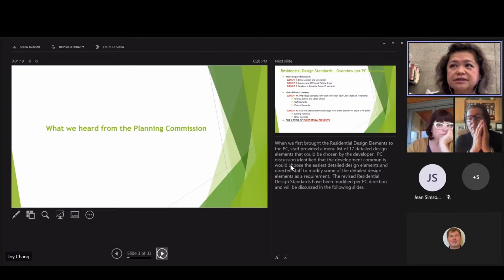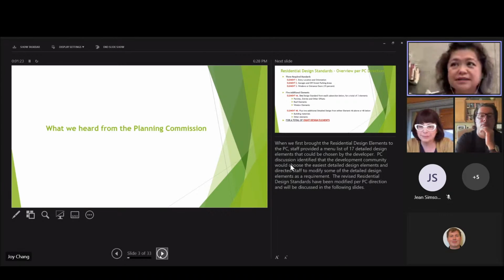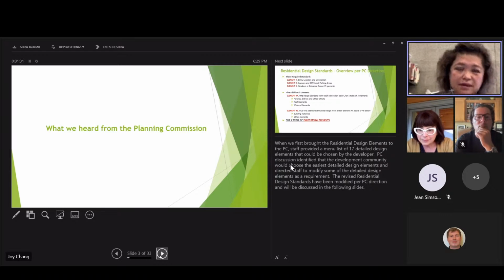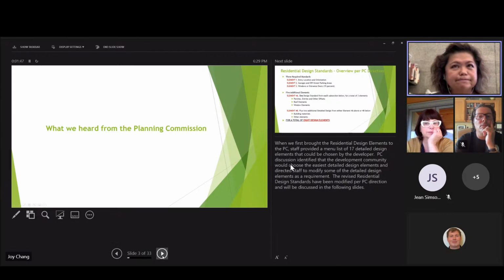The Planning Commission discussion identified that the development community would choose, of course, the easiest detailed design elements, and with that, directed the staff to modify some of these detailed design elements by making them requirements. So the revised residential design standards have been modified per the Planning Commission direction, and we're going to be discussing them in the following slides.